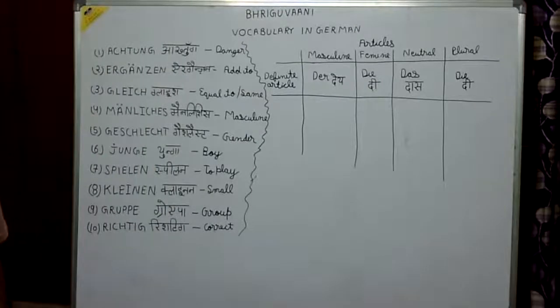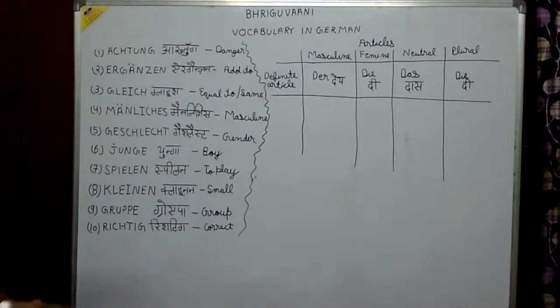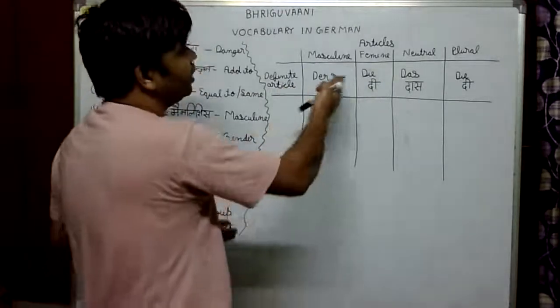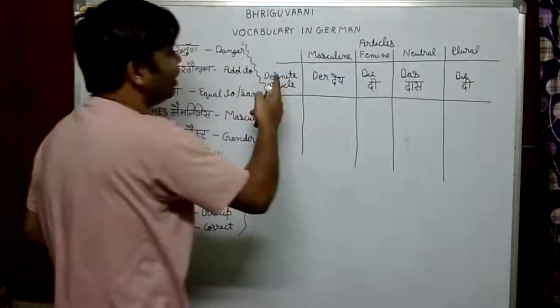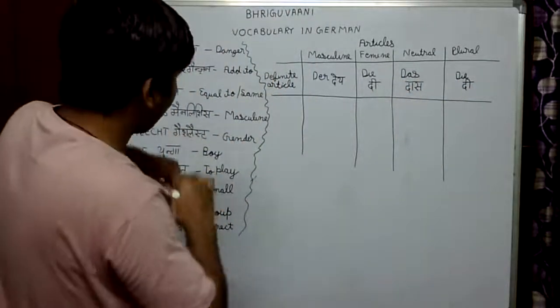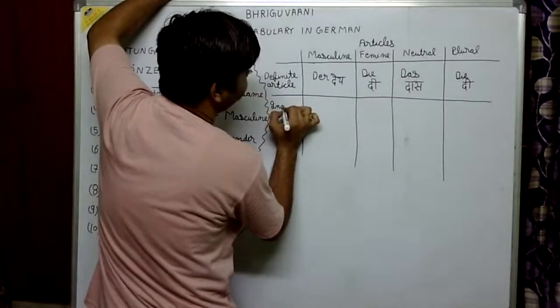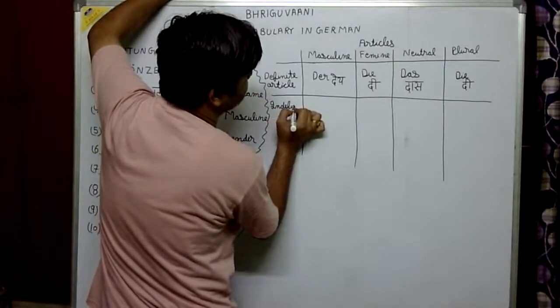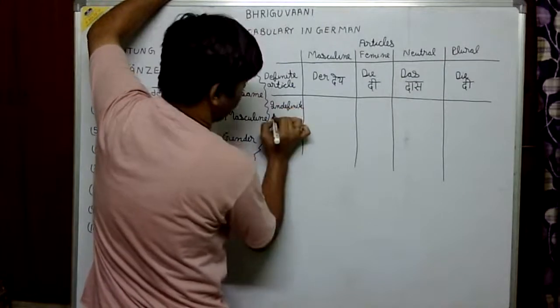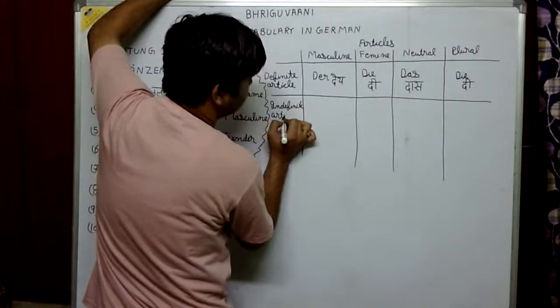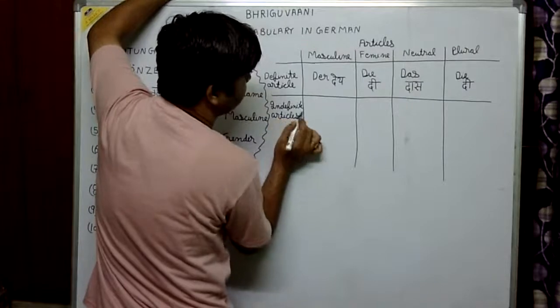These were the words which we were using for definite articles. Now we shall learn words for indefinite articles, nouns which are not definite.